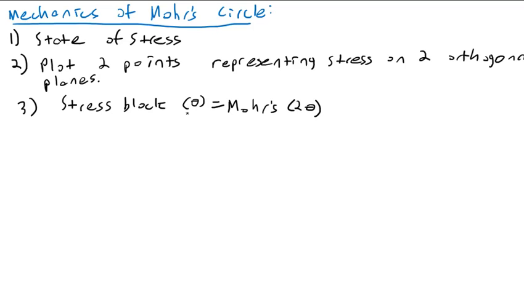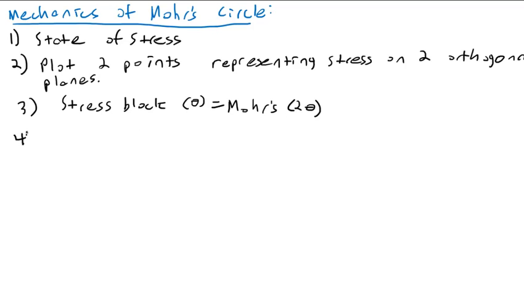So in other words, if we have an angle of rotation of 15 degrees here, we'll have on the Mohr circle an angle of rotation of 30 degrees. Whatever the angle of rotation is here, you double it when you actually plot it on Mohr circle.